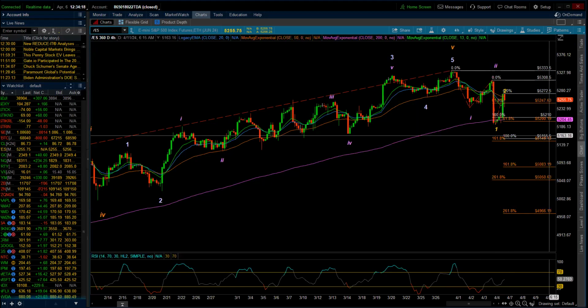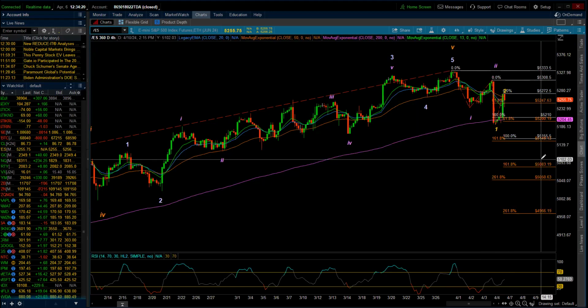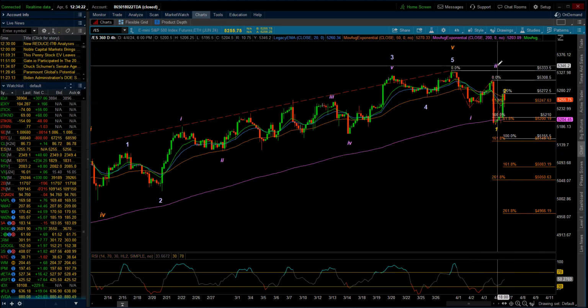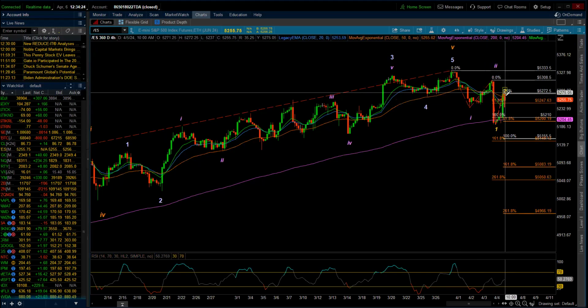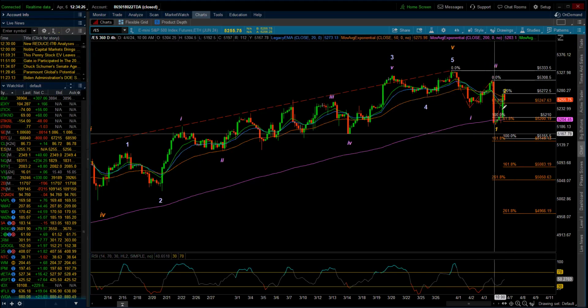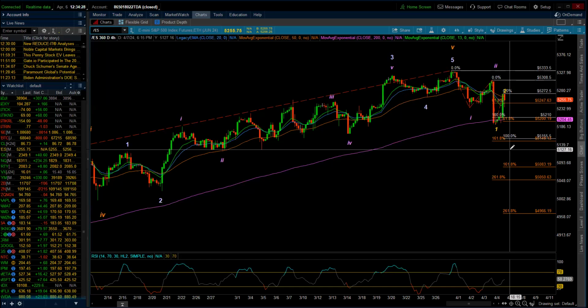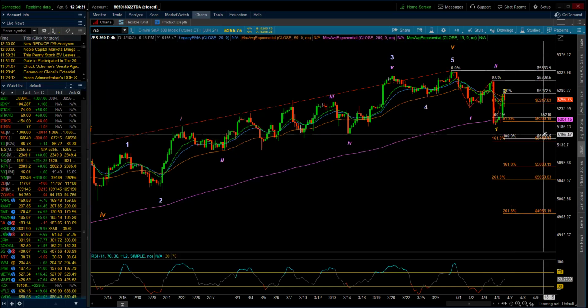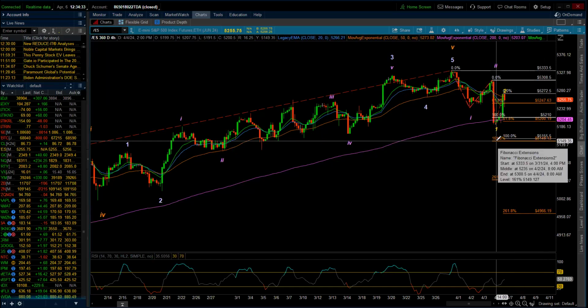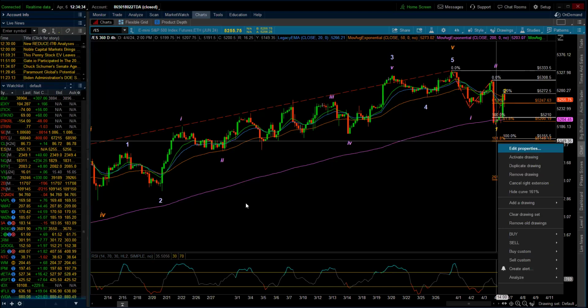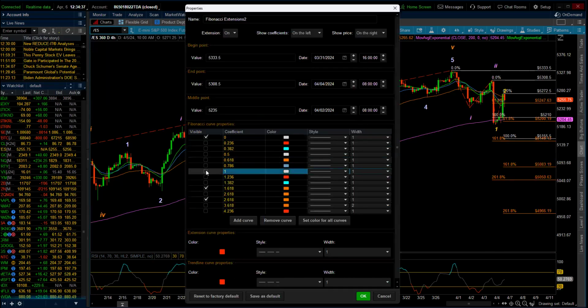Okay. So again, what we're looking at is minuet, sub-minuet. Sub-minuet has a very big wave 1, so for wave 3, I'd be looking for it to come below 51.55. So this 1.618, I'm going to come back in and edit those properties. That's out, that's out, that's out. So let's go like that.